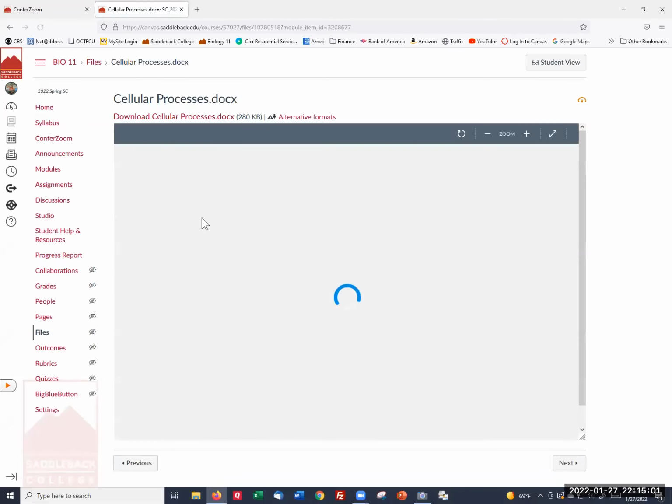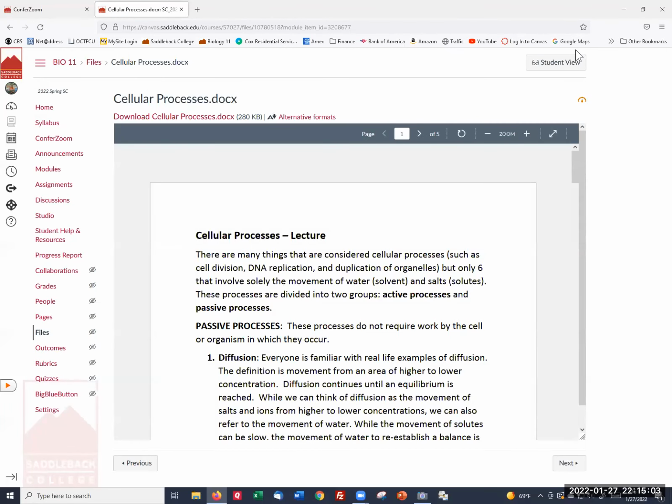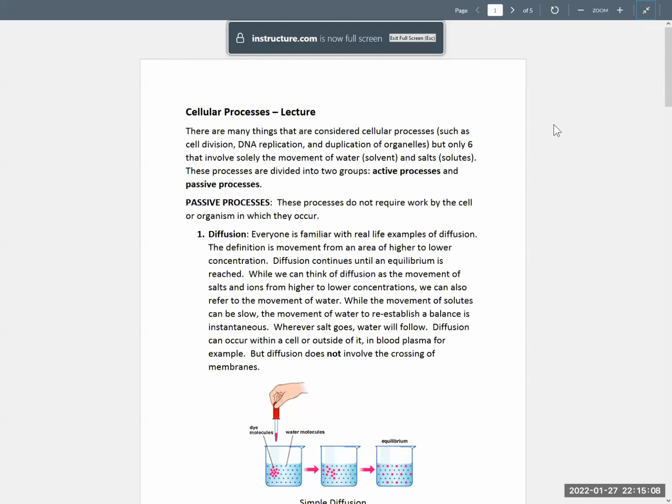Cellular processes. Anything's a process so long as one thing follows another. Good process and application or whatever.